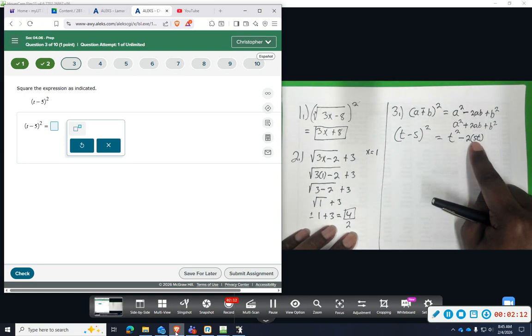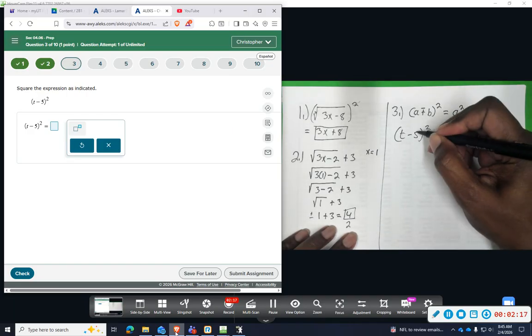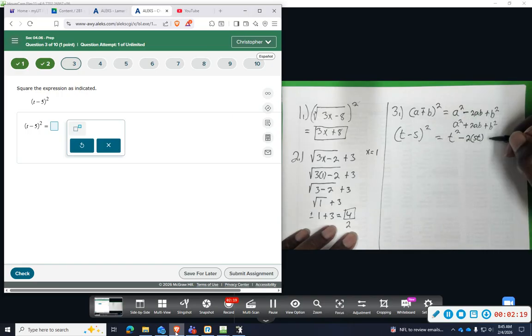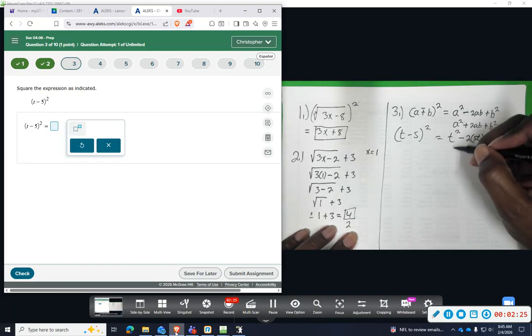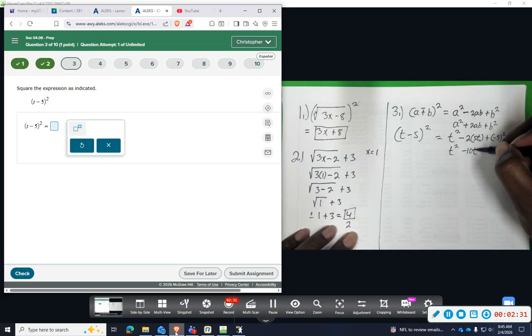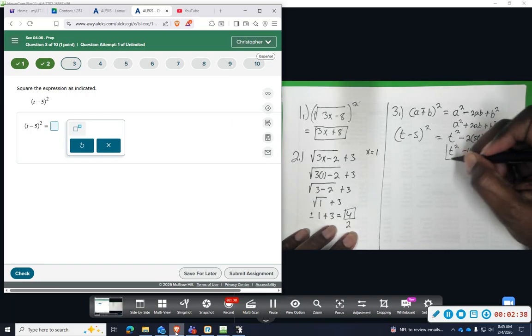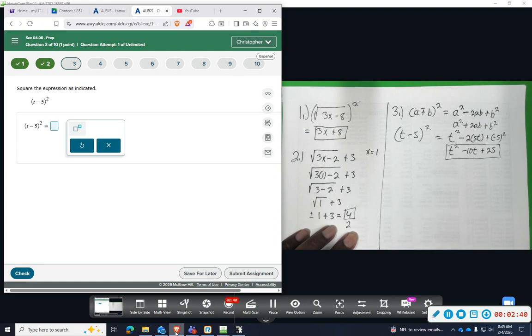We normally put the coefficient or the number out front of the variable, and then we're going to square the last term, so negative 5 squared. All right, so simplifying, this is t squared, 2 times 5, 10t, 5 times 5 is 25. So this is our squared binomial.